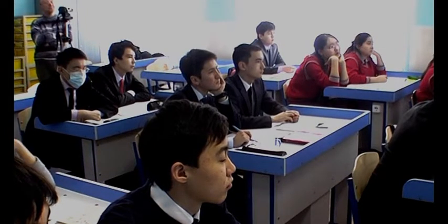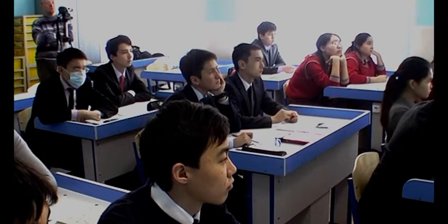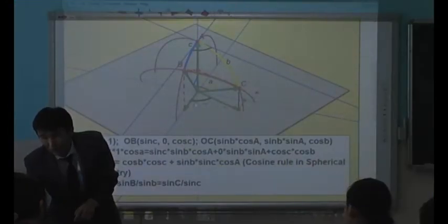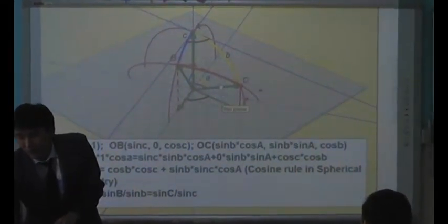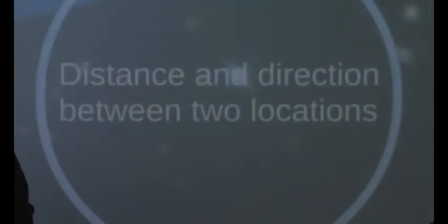This is the point C. The 20 degrees means this angle to the east, and 20 degrees to the north is the angle between these two vectors. Is this clear? Now, for example, let us try to find the distance between two cities.